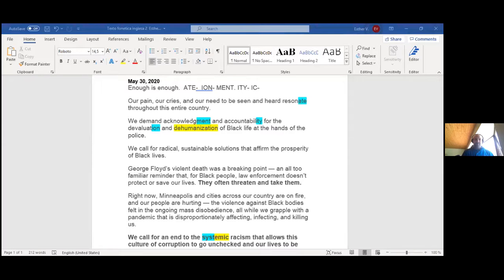Very good text, by the way. Of which word, teacher? I couldn't hear well. The one in yellow, dehumanization.